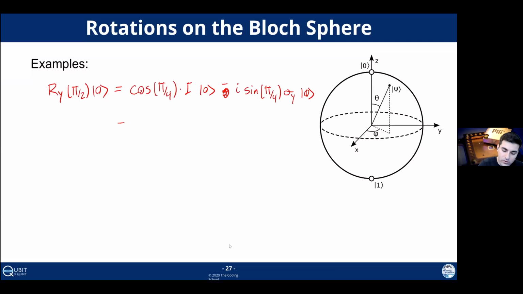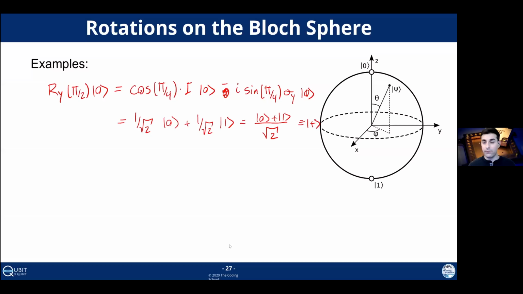What I get from the first part is 1 divided by square root of 2 times the 0 state, because the identity acting on 0 doesn't do anything. And then sigma y acting on 0 gives me i, the imaginary number, times 1. And that i, when I multiply by this minus i, gives me plus 1. So I end up with 0 plus 1 divided by square root of 2, which is the plus state that we're used to.